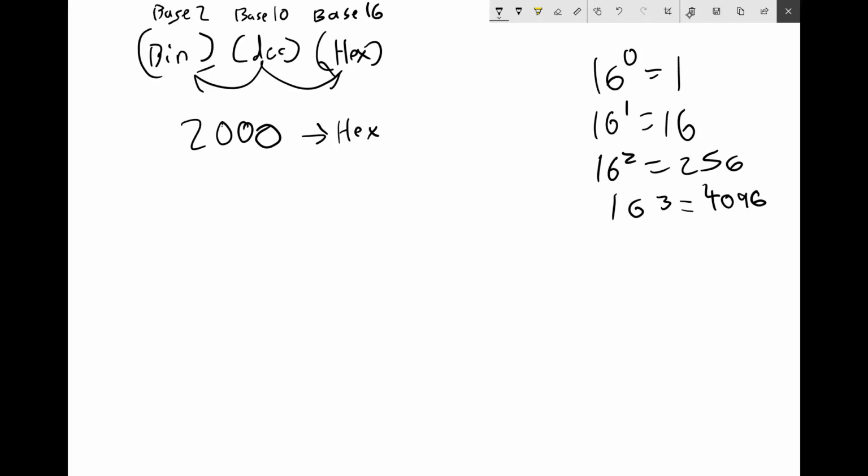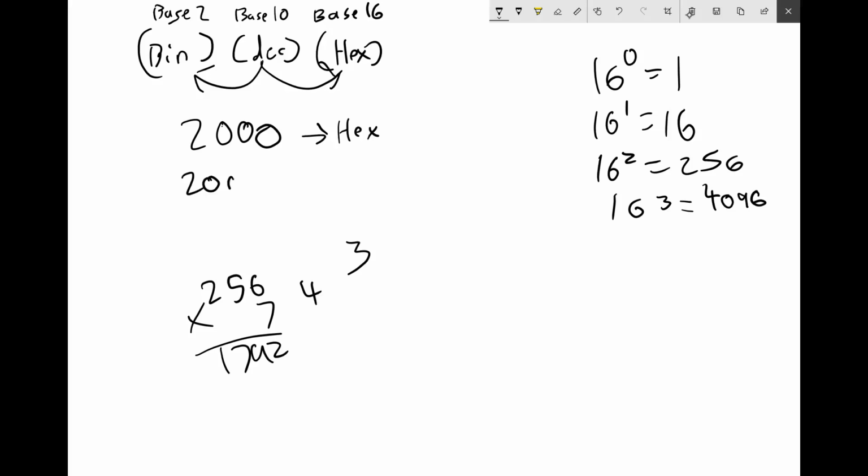Now we do the exact same thing we did before. What is lower than 2000? What we can see here that is lower than 2000 is 256. Just out of memory, I know that it's 7 256s. Let's check this. 256 times 7 is 1792, which is how many 256 is going into 2000.